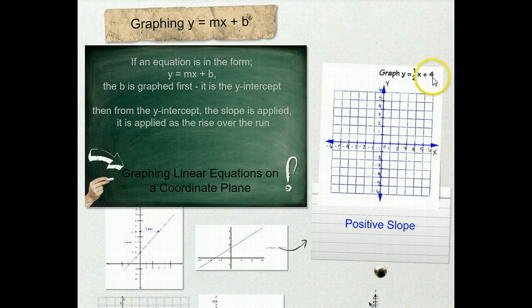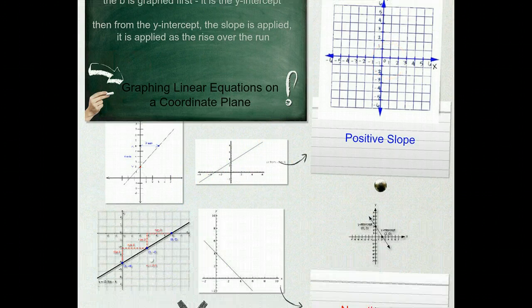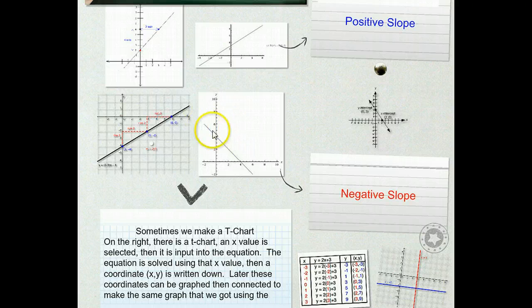So first we would graph 4, and up to now we've only graphed whole numbers, but if there's a fraction, you just do the rise over the run. So first we would graph the 4 on this, and then we'd rise 1, run 2, doing it more than once, rise 1, run 2, and then draw the line. Remember, going up is a positive slope and going down is a negative slope.